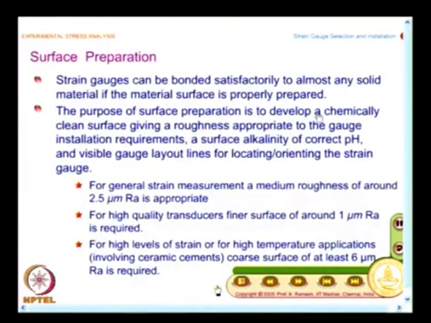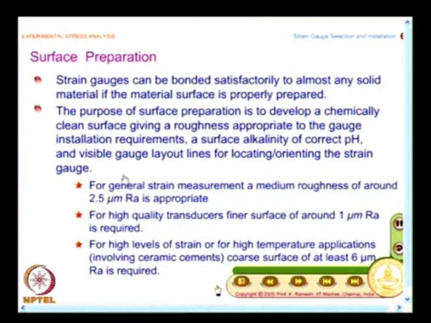The focus is to develop a chemically clean surface, giving a roughness appropriate to the gauge installation requirements. And the other aspect is you also want to maintain a surface alkalinity of correct pH. This ensures perfect bonding.